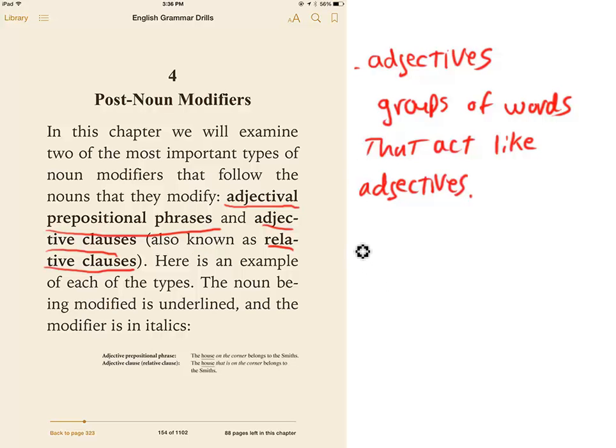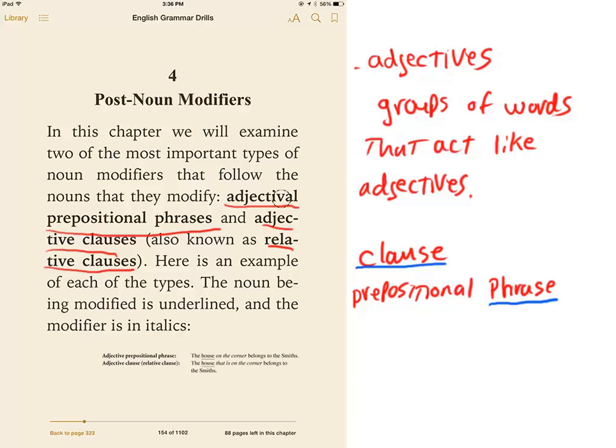One is called a prepositional phrase, as you've seen up there, and one is called a clause, or a relative clause. We're going to learn the difference between a phrase and a clause, and it's actually very simple, so it'll be pretty easy to identify. So those are the things we're going to learn about.